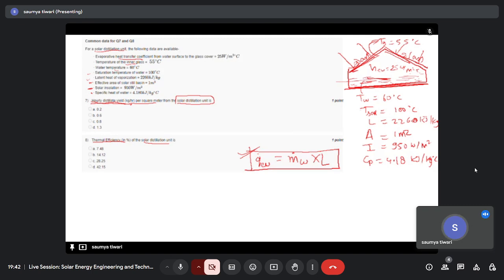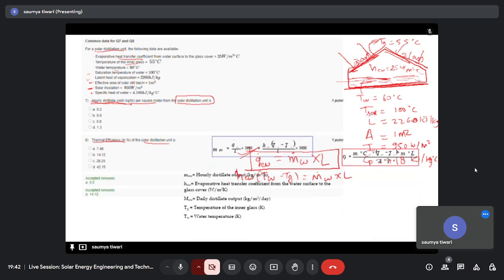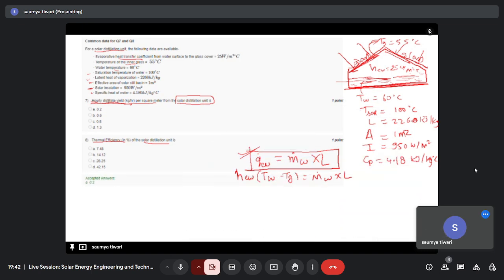Okay, and this can in turn be calculated in terms of the heat transfer coefficient from water surface to this glass into the difference in temperature of the water and the glass, right? So from here you can calculate the distillate yield.